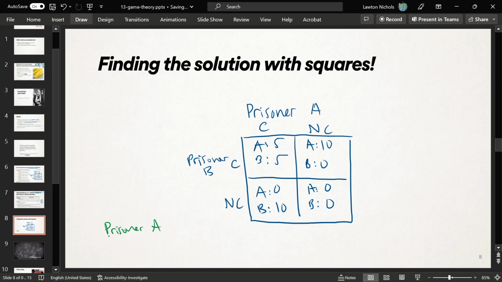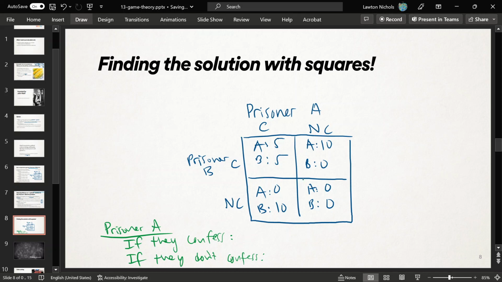They could either confess. If they confess, something happens. What are the possibilities? What could happen? And if they don't confess, what are the possibilities?